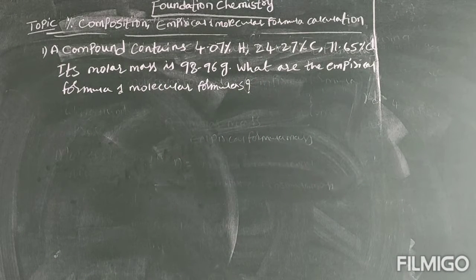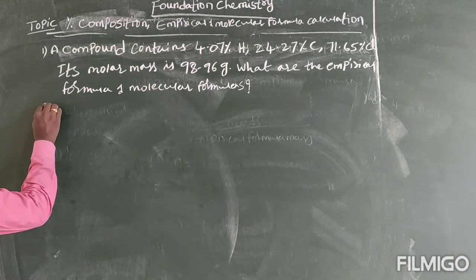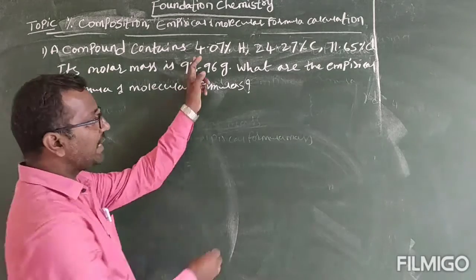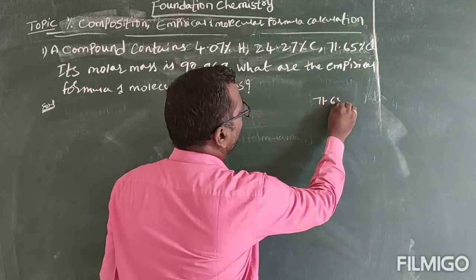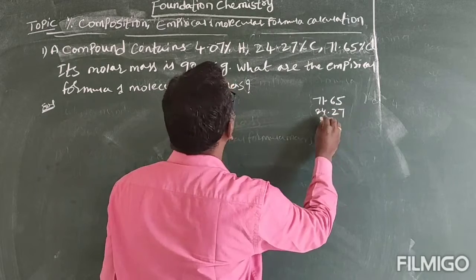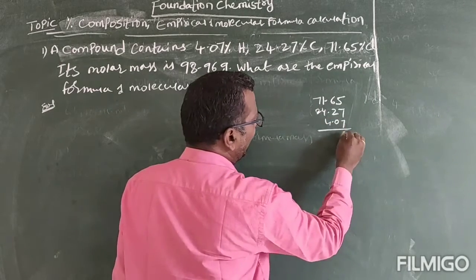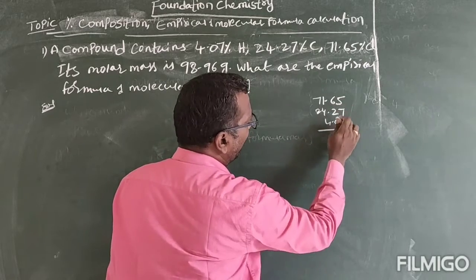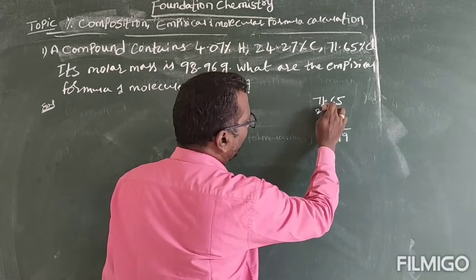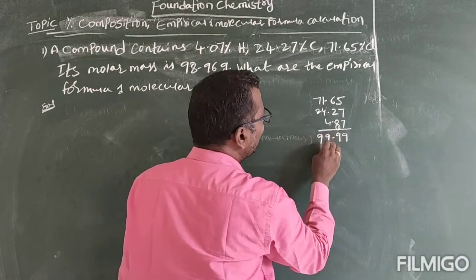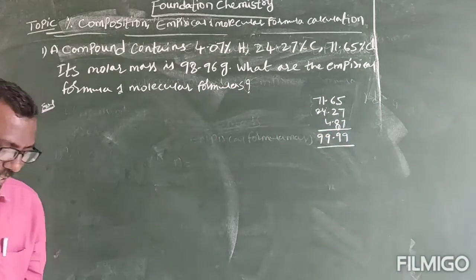So what is given? A compound contains 4.07% of hydrogen, 24.27% of carbon, and 71.65% of chlorine. First of all, you have to check whether it is 100% or not. It is 99.99% only.